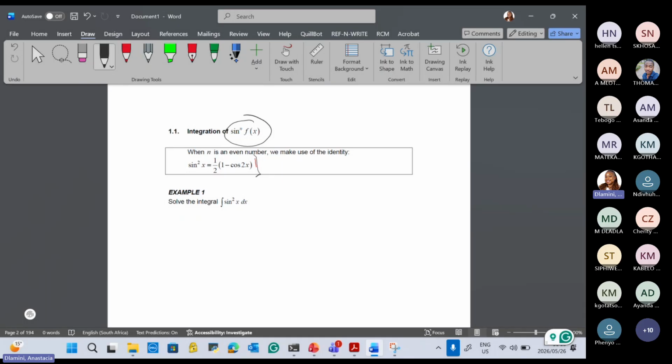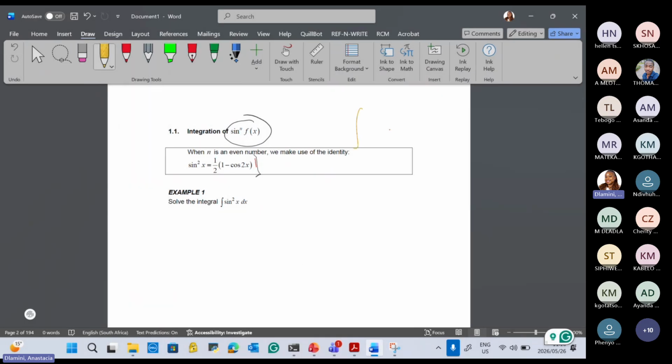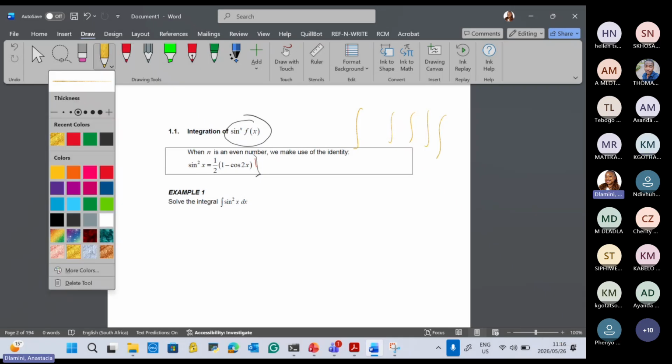Which color do you want today? What's that gold color? How does it look? I'm curious. Okay. This is how it looks. It looks ugly. I take it back. Guys, what color?